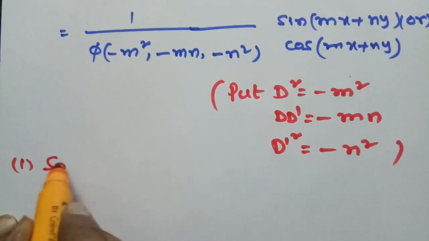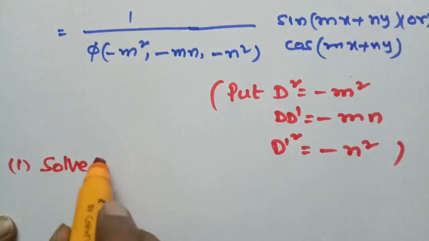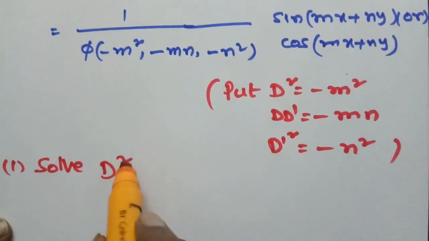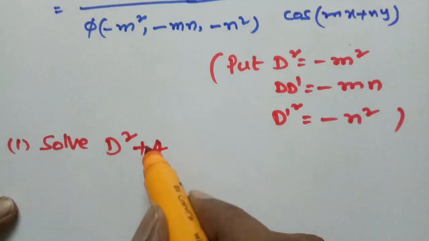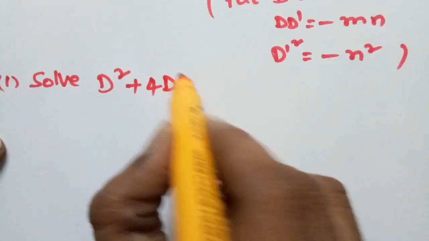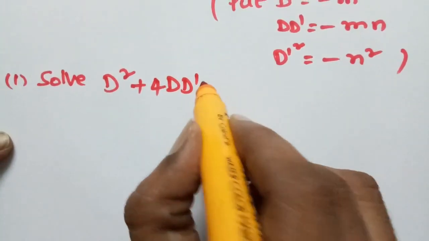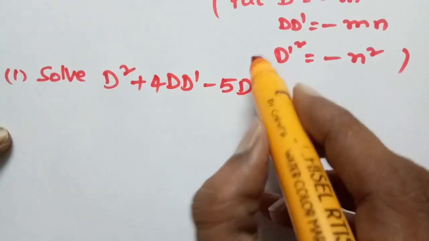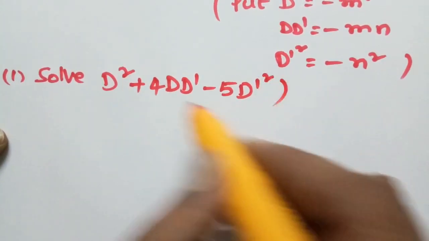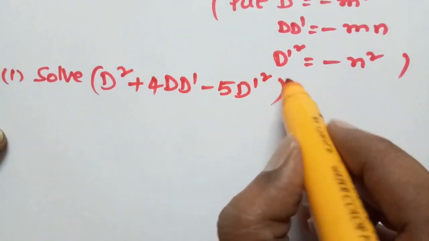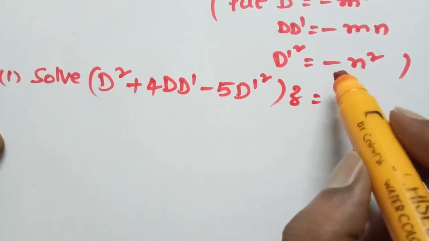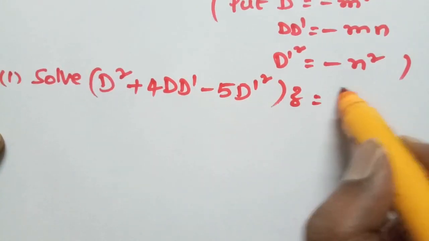Solve D square plus 4 D D dash minus 5 D dash square into z is equal to sine 2x plus 3y.